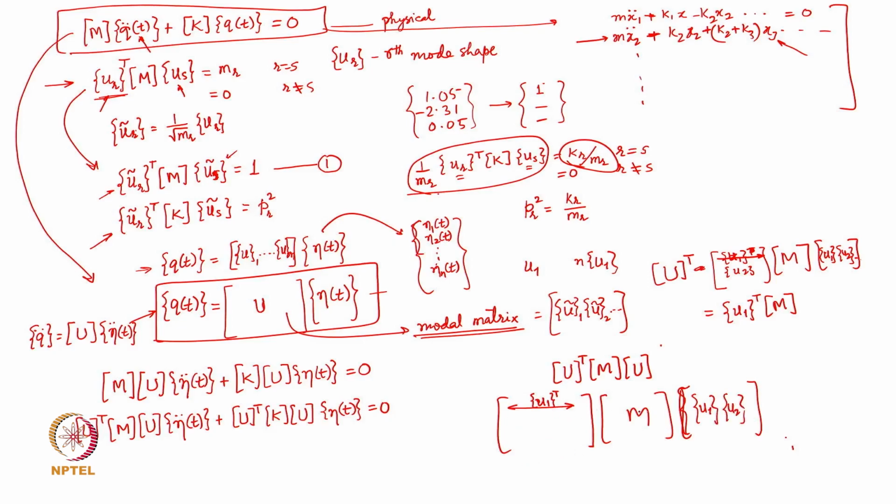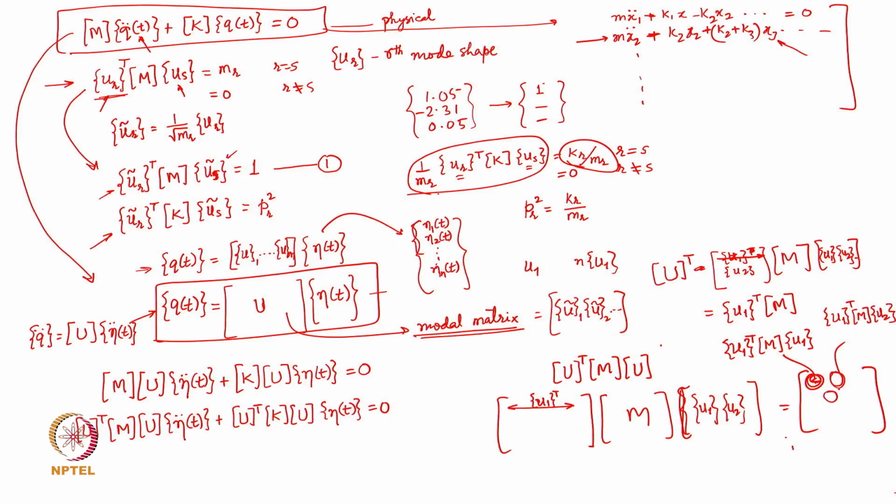If you really work yourself from here, the first diagonal element is actually going to be U1 transpose M into U1. This off diagonal element is going to be U1 transpose M into U2.